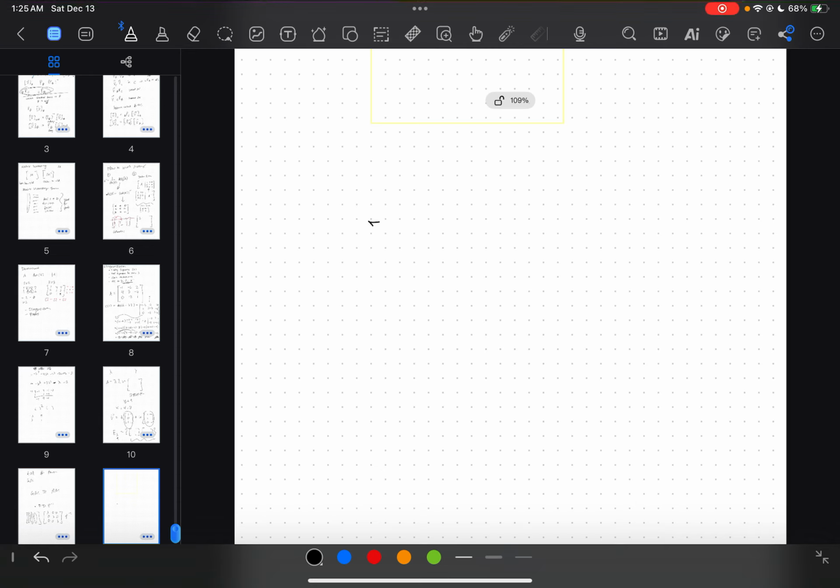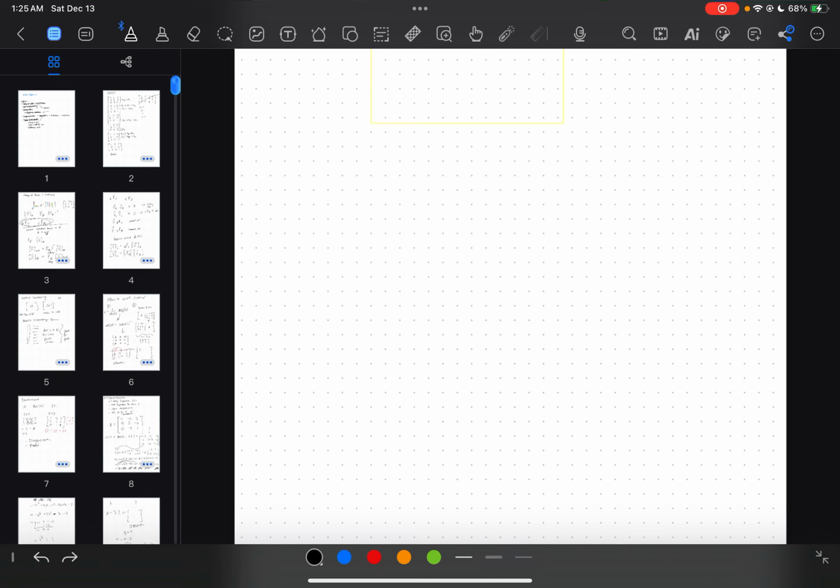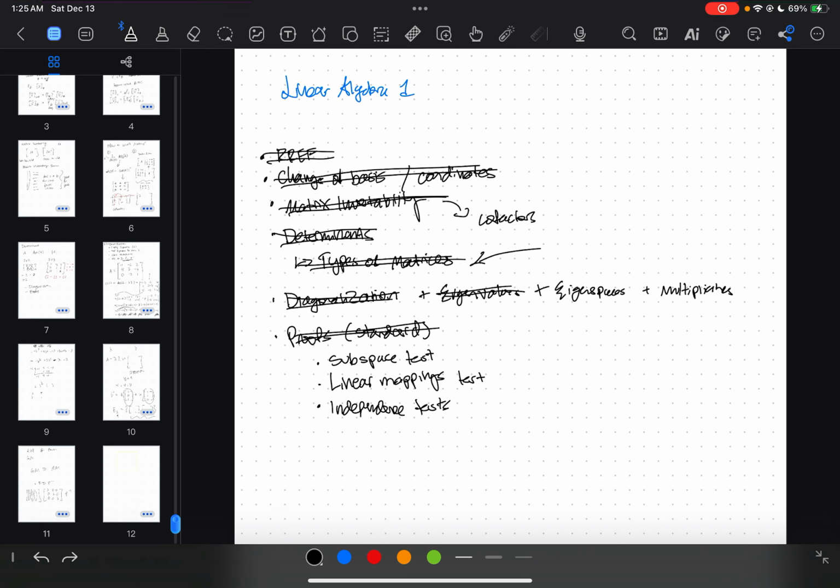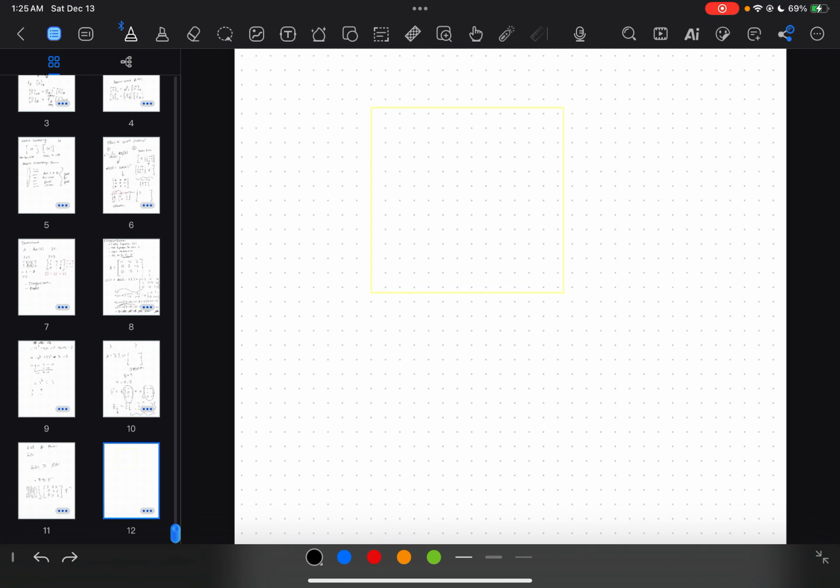Okay, I'll just undo all that. Subspace test, linear mapping test, and independence test.